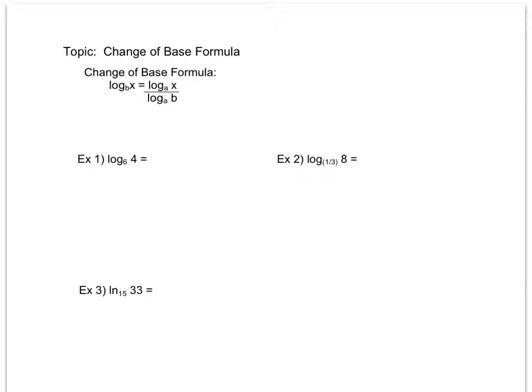The way to change base is to pick our base of choice, let's call it A, and we take log base A of whatever we were originally taking the log of, divided by log base A of our original base. So again, we are always going to choose A either 10 or e, since that's what we have on our calculator.